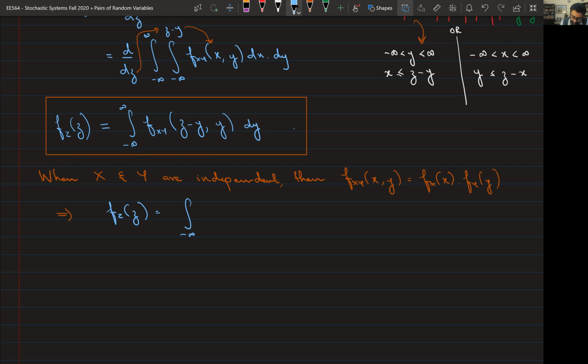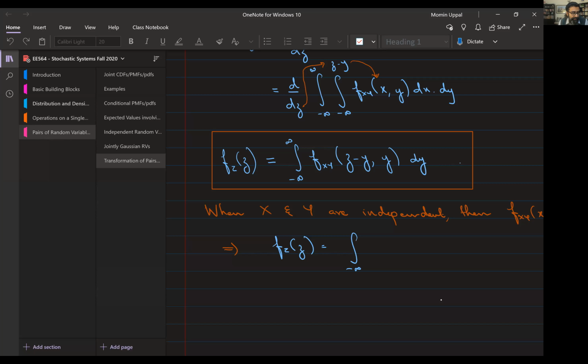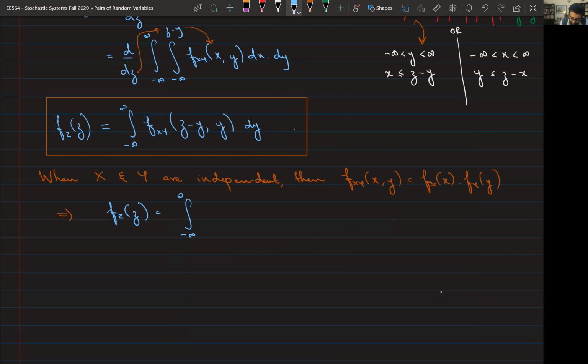Integral from minus infinity to plus infinity. So this is f_x of z minus y times f_y of y, integral over dy.